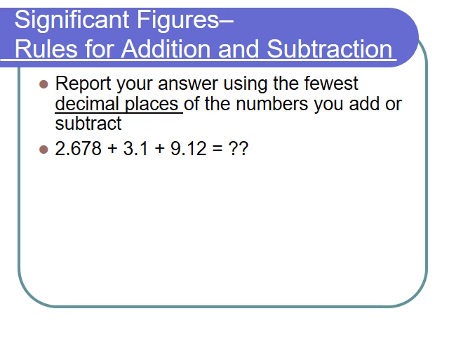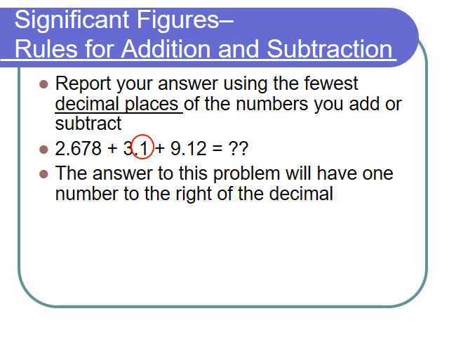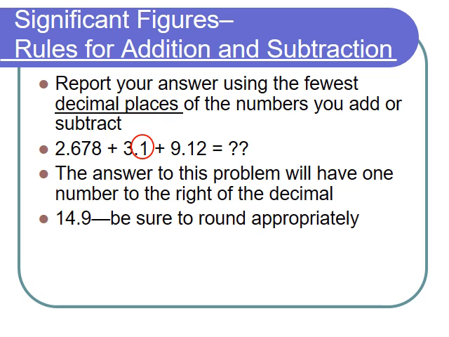I'll wait for a few seconds, and of course you can always pause while you add these numbers. The answer will have one number to the right of the decimal, because of these given numbers, the 0.1 has the fewest decimal places. So the answer I get, 14.9, be sure to round that number appropriately.